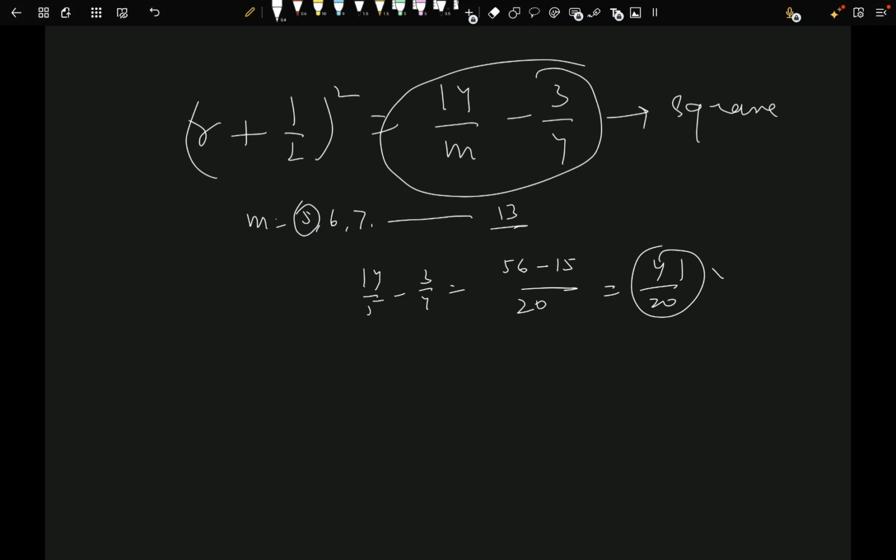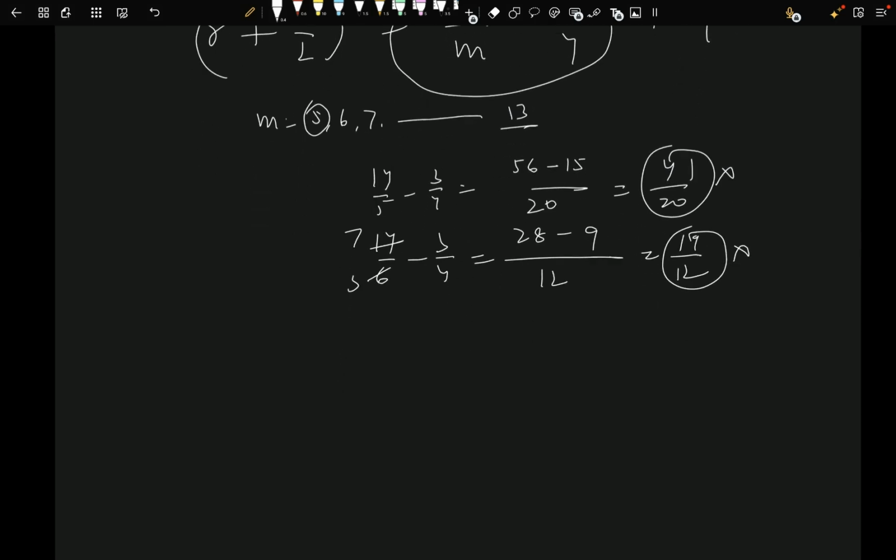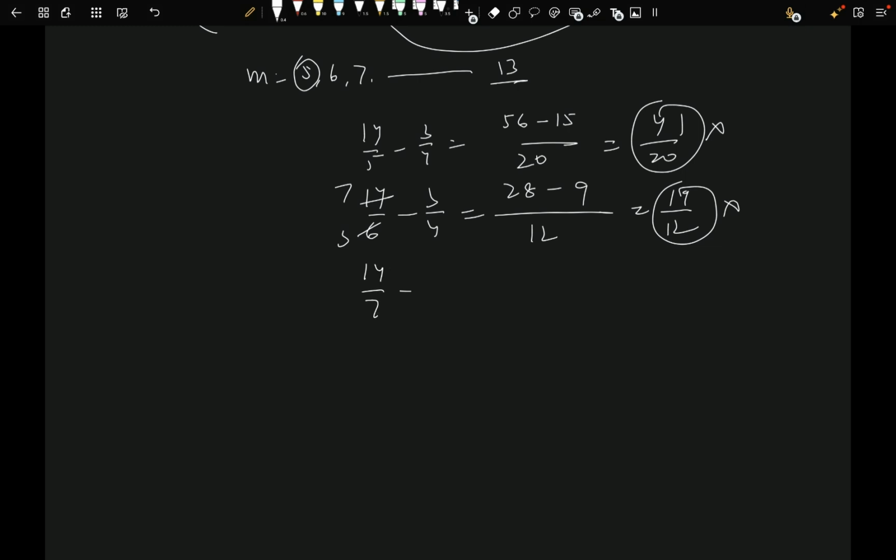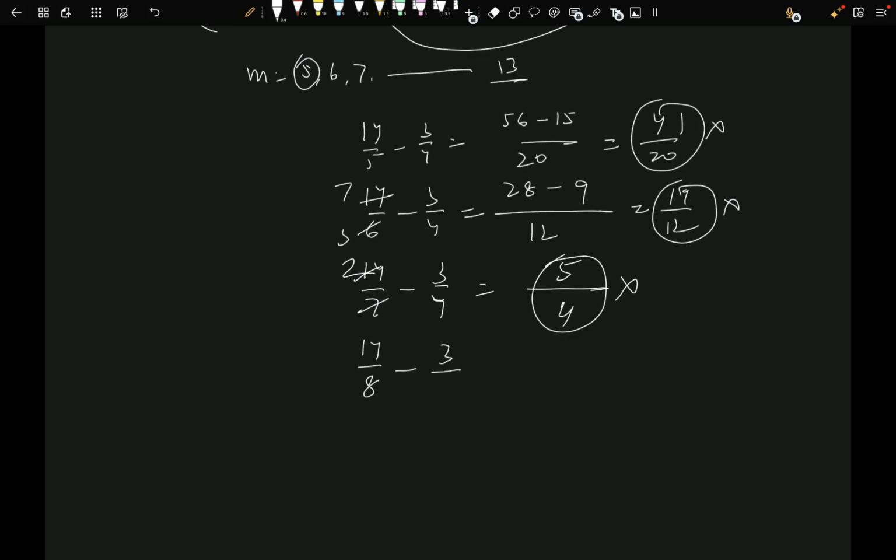This is not a perfect square. 14 upon 6 minus 3 upon 4 is equal to 28 minus 9, 19 upon 12, not a perfect square, right? 14 upon 7 minus 3 upon 4, this is 2 minus 3 by 4, 5 by 4, not a perfect square, right? Let's check 8. 14 upon 8 minus 3 upon 4 is 14 minus 6, which is 8, over 8, 1, perfect square.